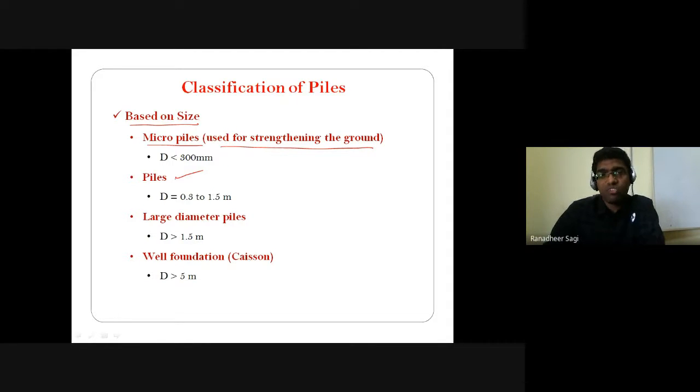If the diameter of that deep foundation is greater than 1.5 meters, we typically call it a large diameter pile. Further, if the diameter is greater than 5 meters, we call it a well foundation or pier foundation, or otherwise a caisson foundation.